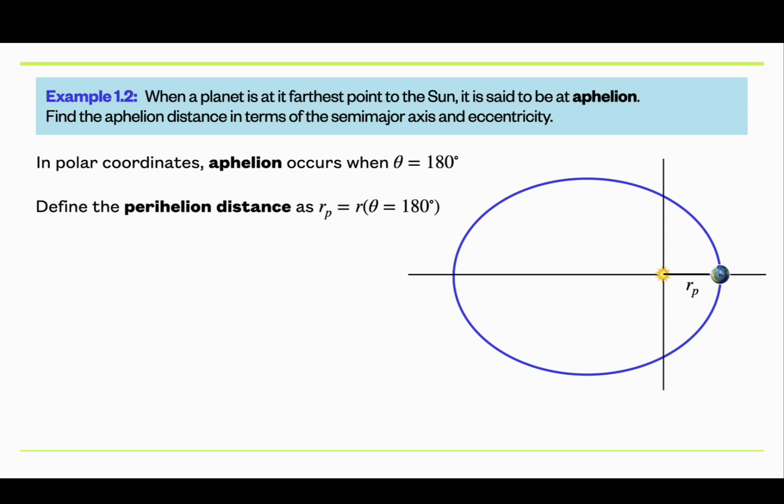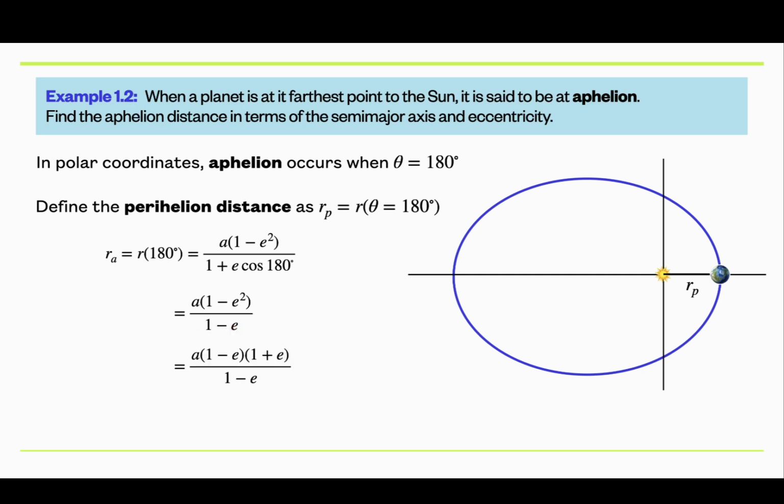The aphelion distance is going to be, well, I labeled this incorrectly, but it's the point over here. It's the distance from the sun all the way over to the other side of the ellipse, that far distance, and that happens when the angle is 180. Plug in cosine 180, that gives you a -1, so you get a 1 minus e.